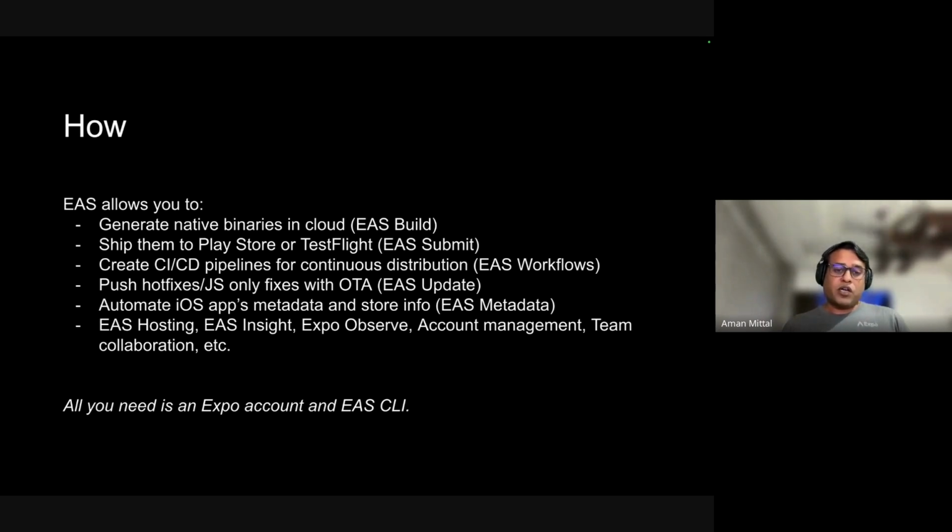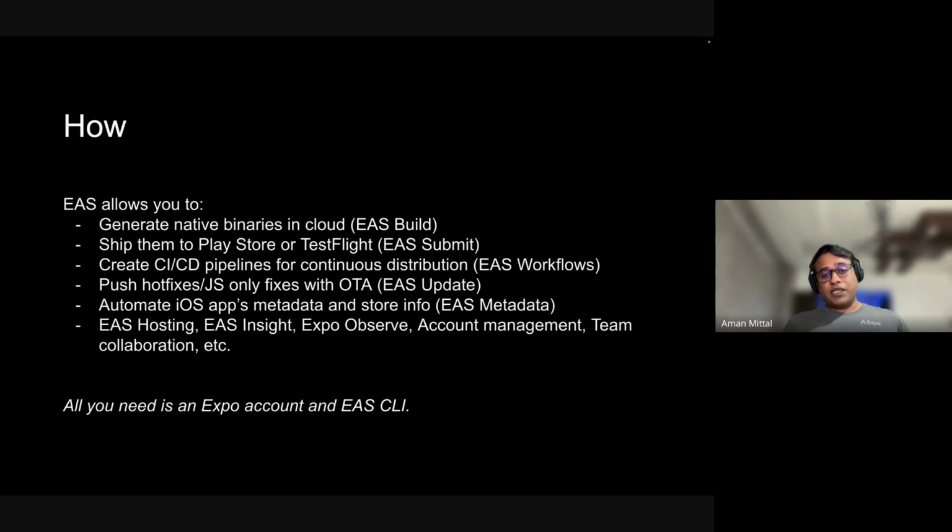Basically, you can also create workflows. We call it EAS workflows for continuous distribution, so that you don't have to run a bunch of commands. You just upload your code changes to your GitHub repository and set some instructions, and it will follow those instructions and create new builds for you in cloud, like using EAS build.